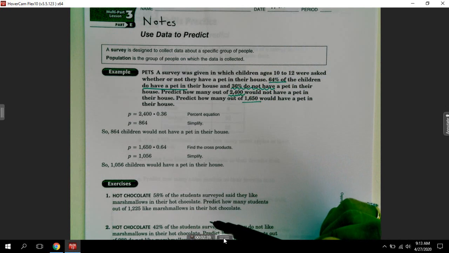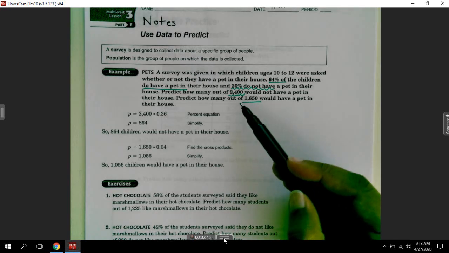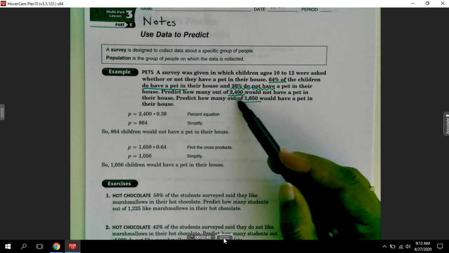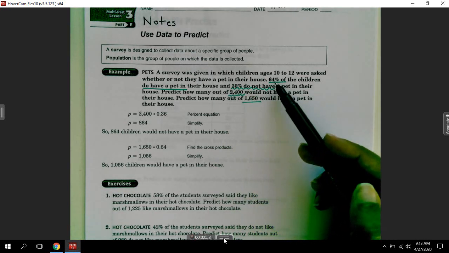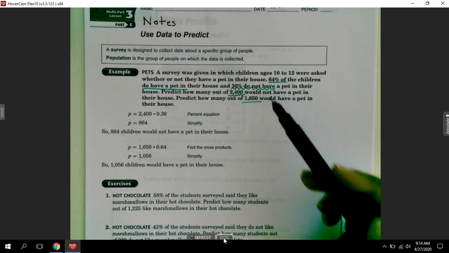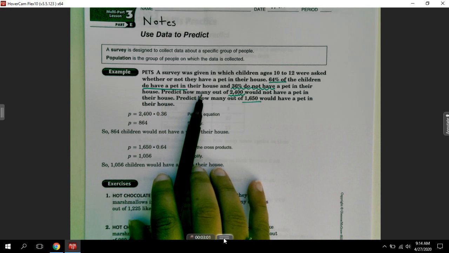In order to predict how many people, based on the data given, you're just simply going to multiply the total amount of people by whatever percentage said they do have a pet, or whatever percentage said they do not have a pet.